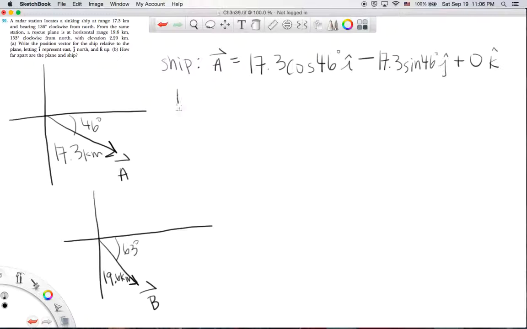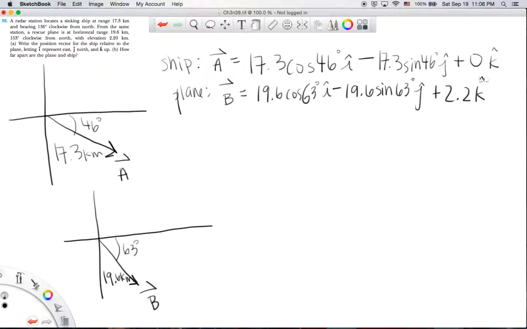So for the plane, we have vector B equals 19.6 cosine 63 degrees i minus 19.6 sine 63 degrees j hat plus 2.2 k hat, because again the elevation is 2.2 kilometers.